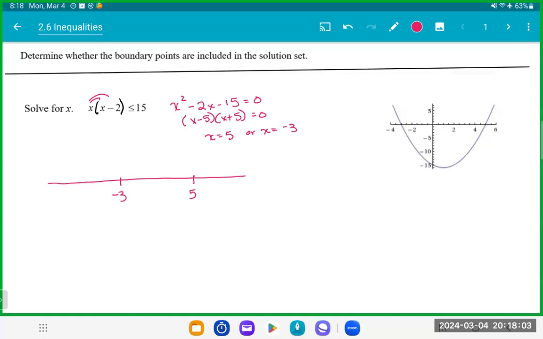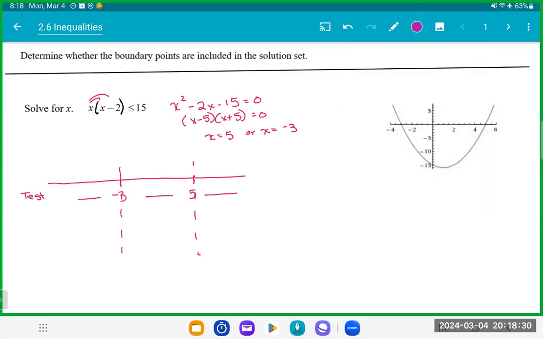So we want to test a value on every side of the values that we have here. If you think of these as boundaries, I want to test something in this section, and this section.